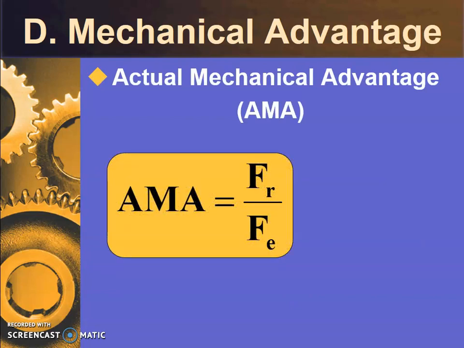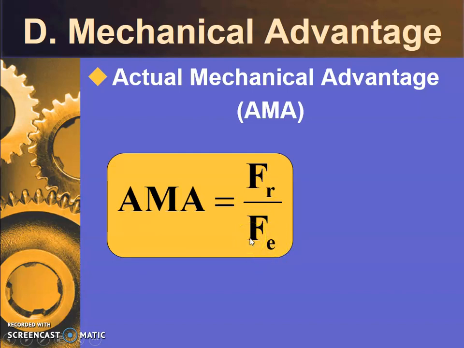We also have actual mechanical advantage. So this is in the real world. How much advantage, how much help is this machine giving us? The actual mechanical advantage is AMA, and it is equal to the resistance force, so the force of the machine, divided by the effort force, the human force.